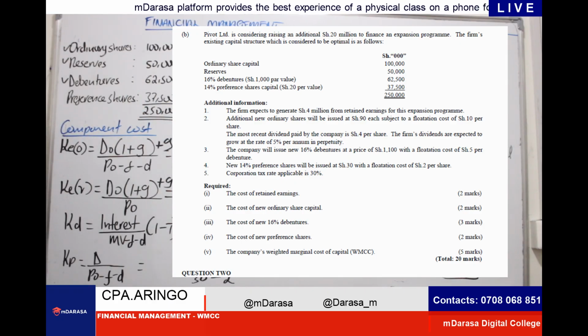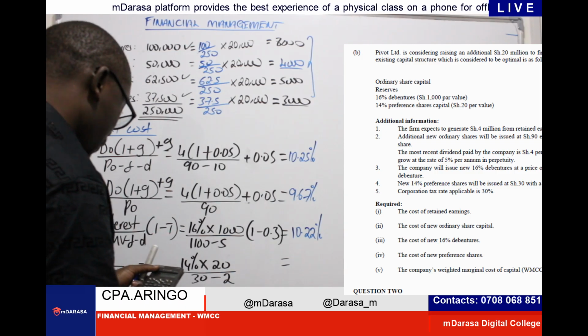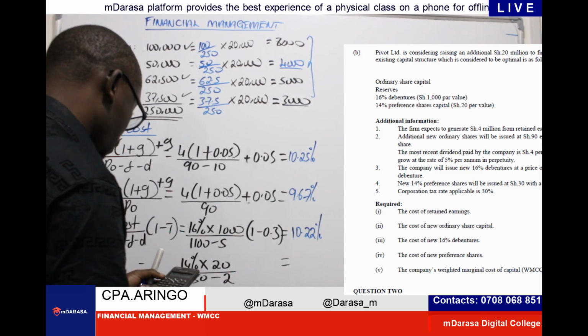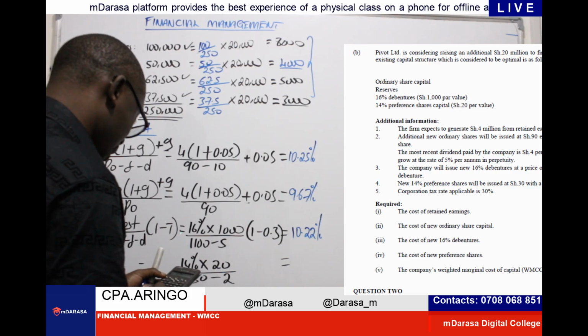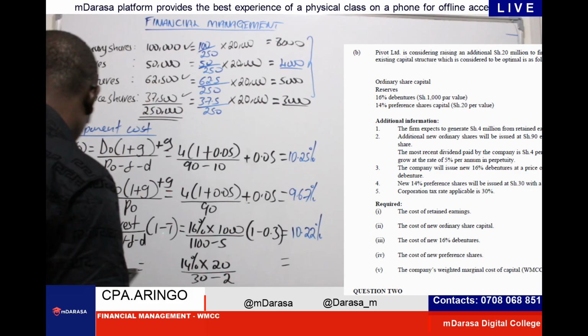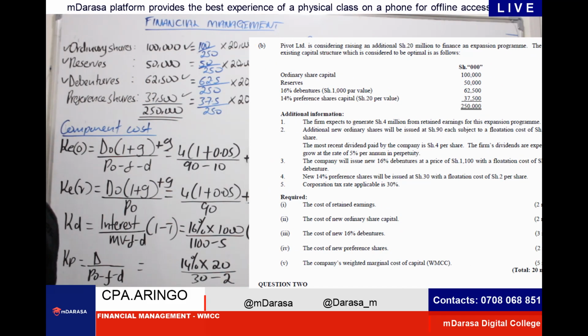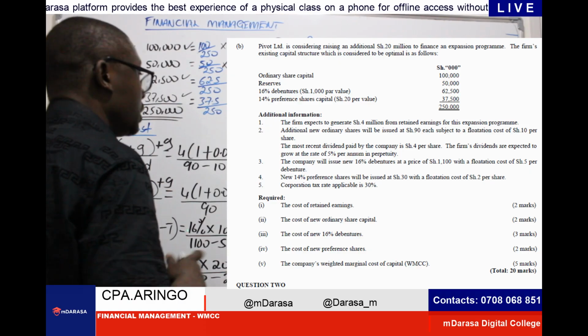We take our calculator and work it out. 0.14 times 20, divide by 30 minus 2. I'm getting a value of 10%. You can confirm on your end. So we take our cost to be 10%.